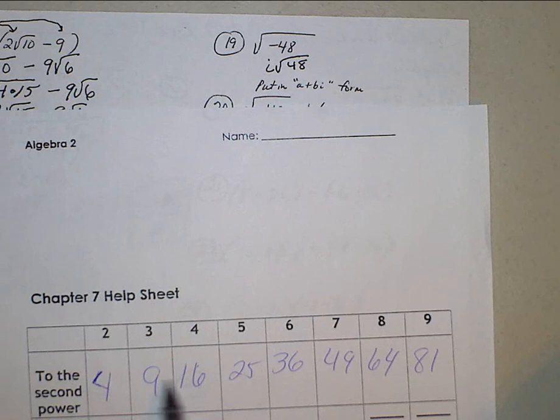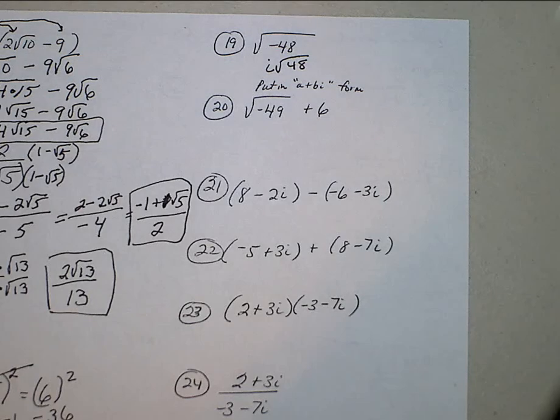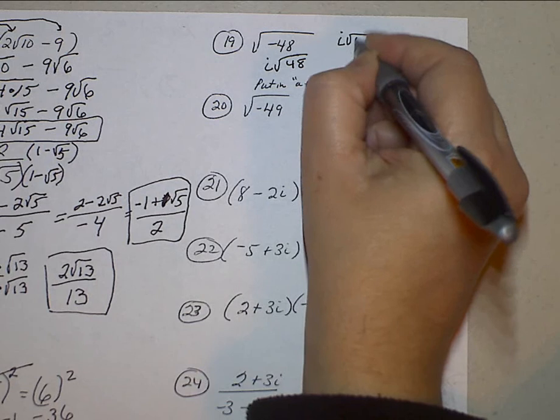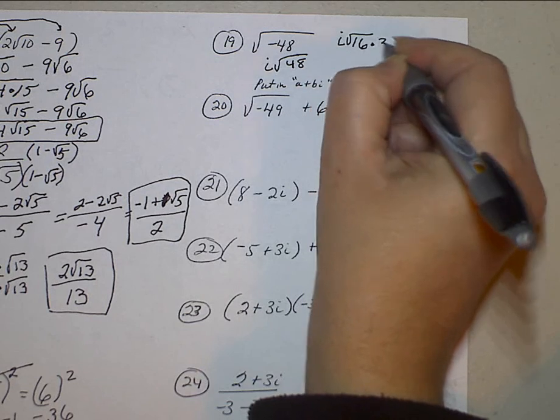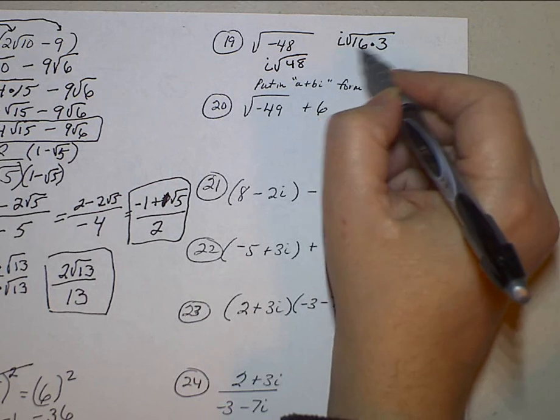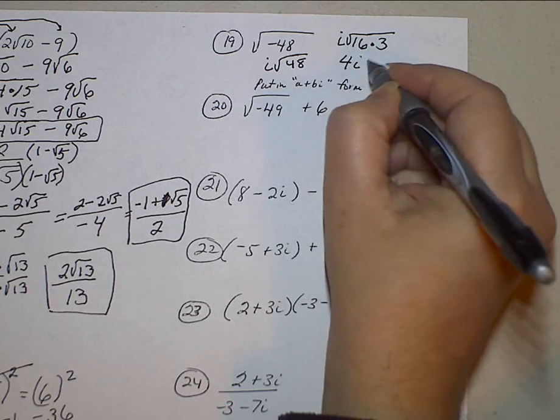You always want the biggest number. So 16 goes into it. So we have i square roots of 16 times 3. The square root of 16 is 4, so we have 4i square roots of 3.